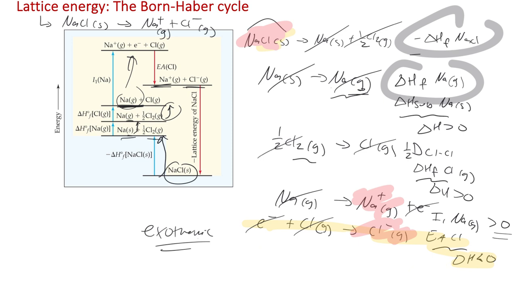For sodium chloride, that ends up being about 800 kJ per mole, in that ballpark. So a really strong attractive force between the chloride and the sodium ion. This here is the attractive force between those ions once they're formed.